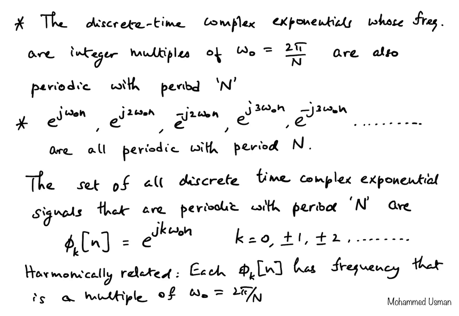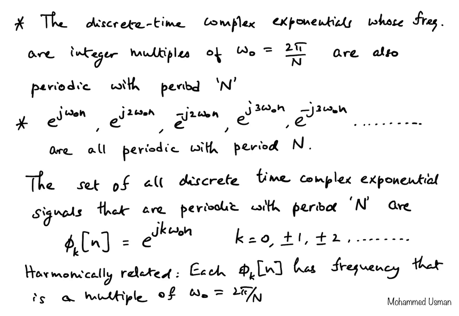We can define that entire set as phi k of n equals e power j k omega naught n, and this parameter k can take on all integer values. So it can be 0, in which case the entire term becomes 1, a constant. When it is plus or minus 1, we have e power j omega naught n and e power minus j omega naught n. When it's plus or minus 2, it is e power j 2 omega naught n, and for minus 2, it is e power minus j 2 omega naught n, and so on.